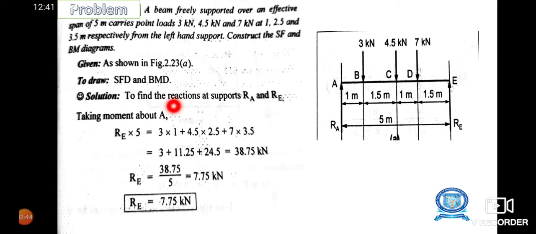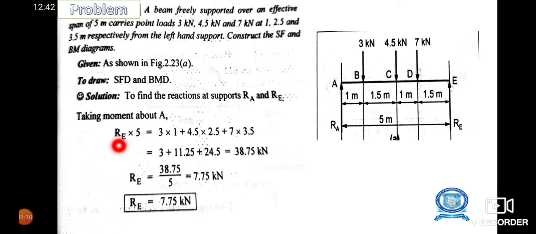Next we have to find the shear force and bending moment diagram. First of all, we take moments about point A. Point A is fixed, so we are taking moments from left side to right side.